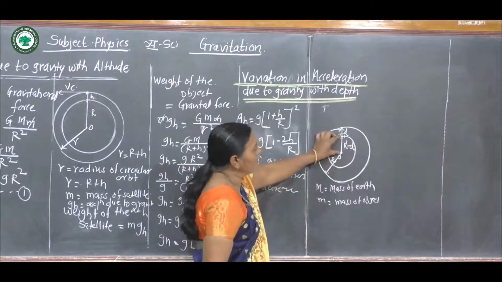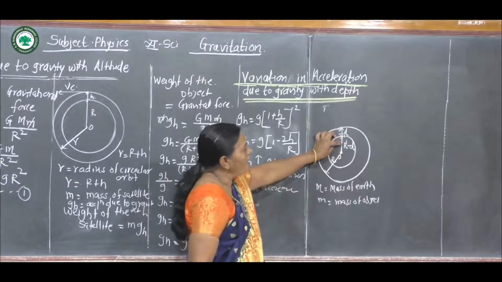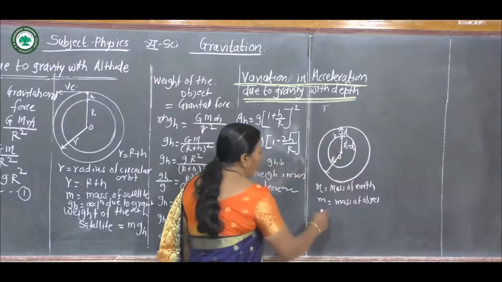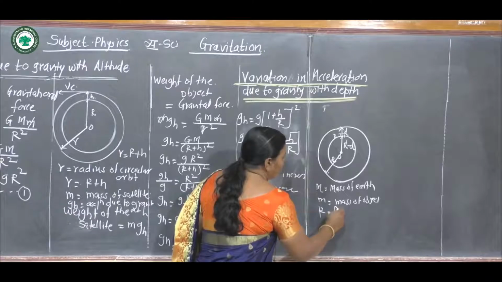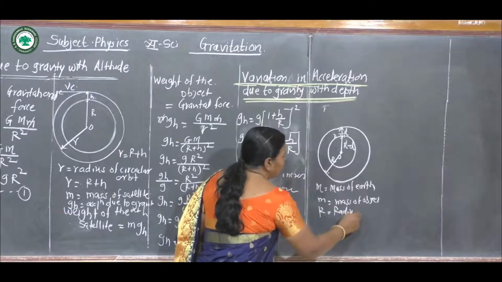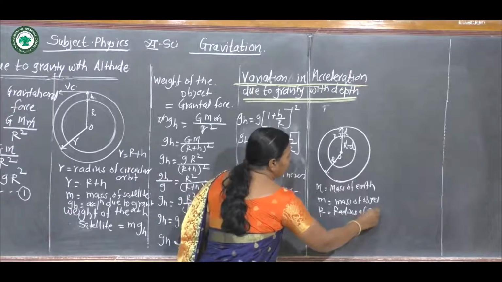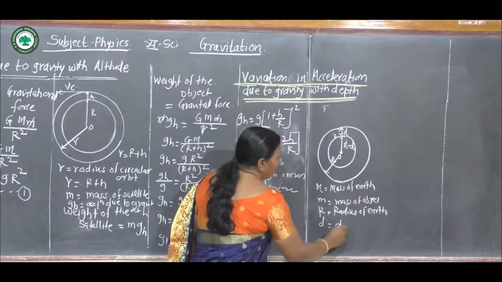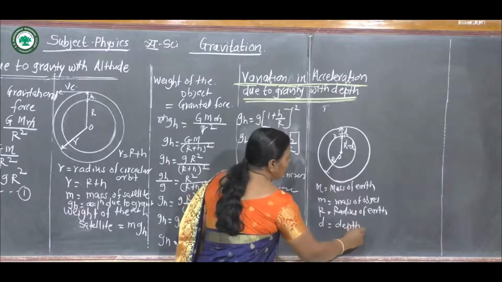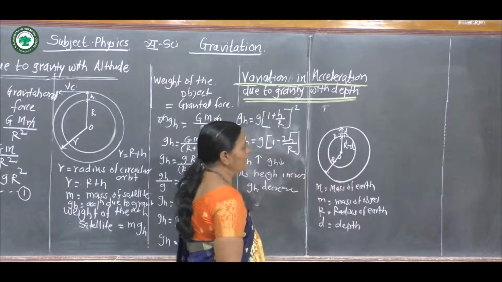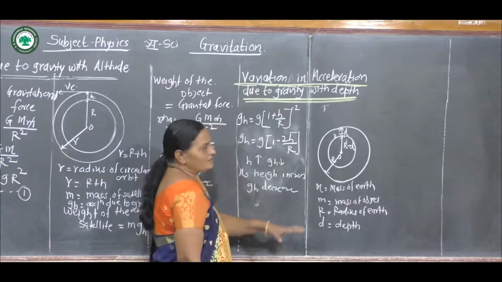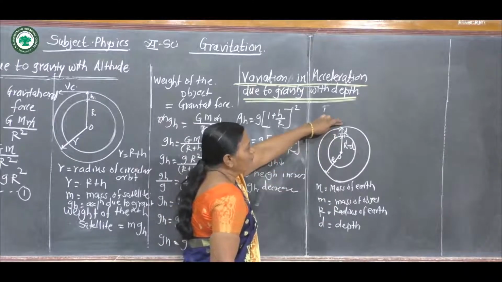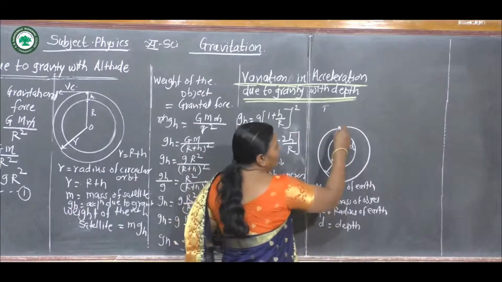This concentric ring has radius R minus d, and R is the radius of Earth. Now d is the depth toward the center.